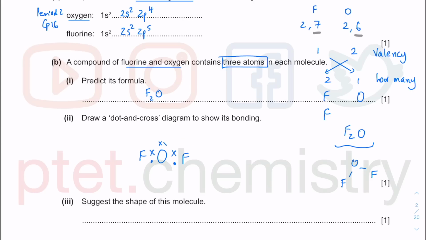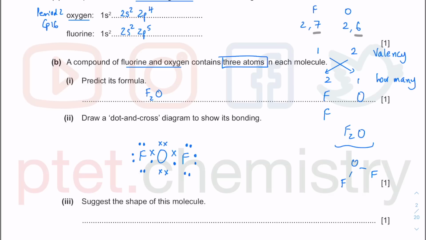So if I do crosses on the oxygen, I started with 6 crosses, 1 2 3 4 5 6, and I share 2 electrons, one electron with each of these fluorine atoms. I was going to say sulfur, but that was obviously wrong. And then fluorine, group 17, started out with 7 valence electrons. You have 7 dots originally, and now you share 1 electron, 1 cross from the oxygen.